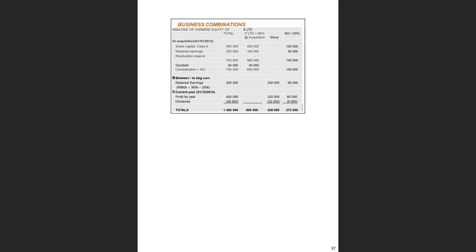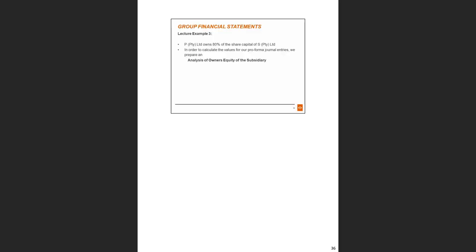okay, remember they gave us those statements. So in the statement of financial position, you can see what the closing balance of your retained earnings was.